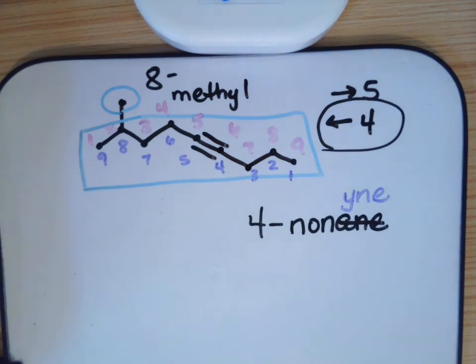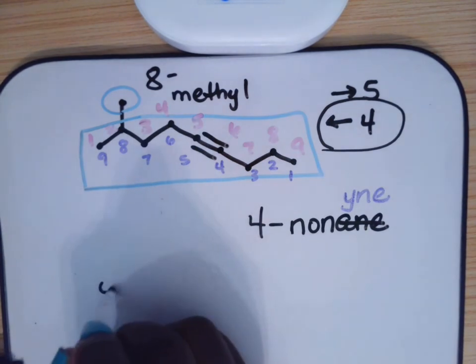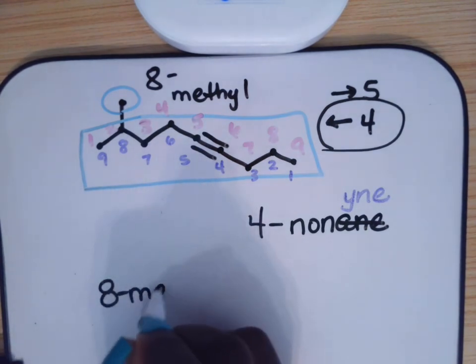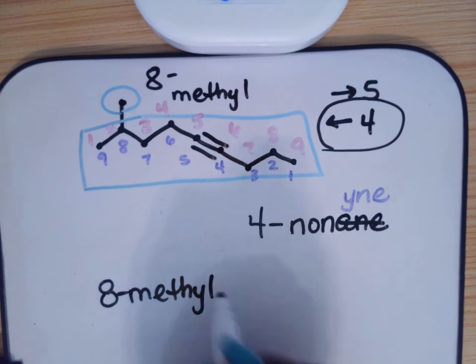When naming the compounds, any substituents that are present are listed first. If multiple were present, we would have to indicate how many and what types and where they're located, but they will be listed in alphabetical order. In this case, we only have that one, which is the methyl, we still have to indicate where that methyl group is located. So we have 8-methyl.